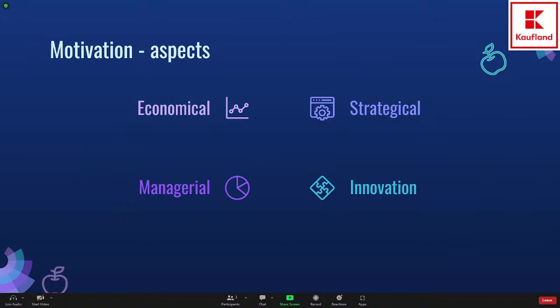Everything is about profit or loss, and this way you can see what you can expect from the future. This enables us to have a better strategy, and this takes us to the second aspect, which is a strategical one, because we can offer an end-to-end application to view the statistics of the crop in your orchard.